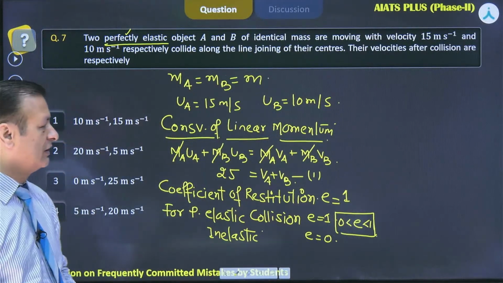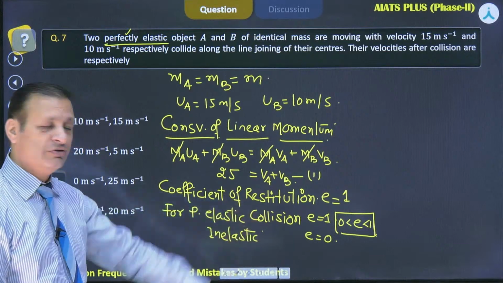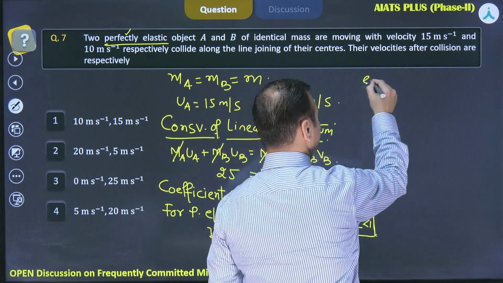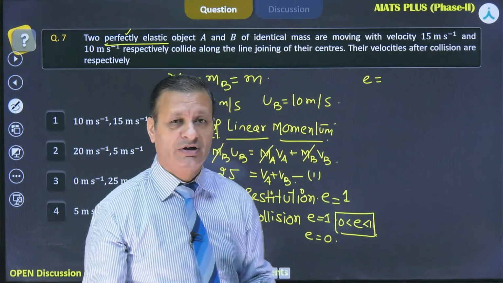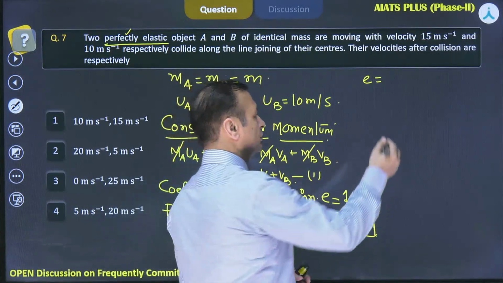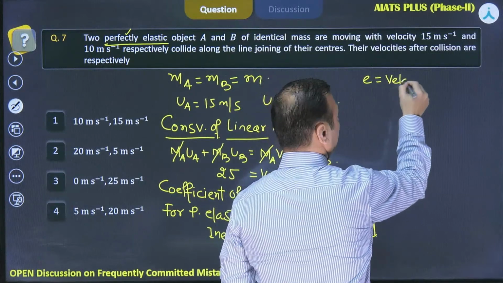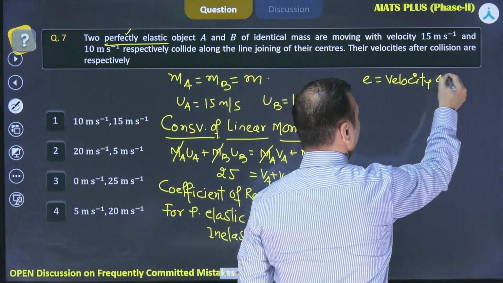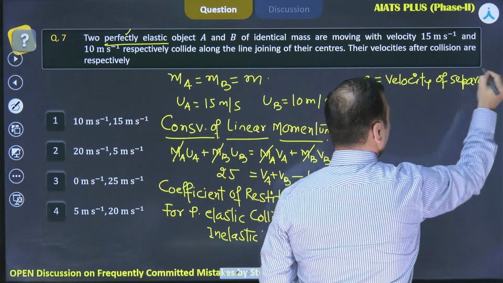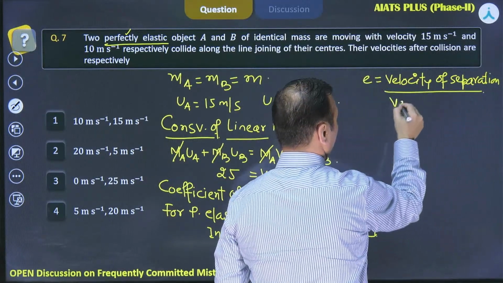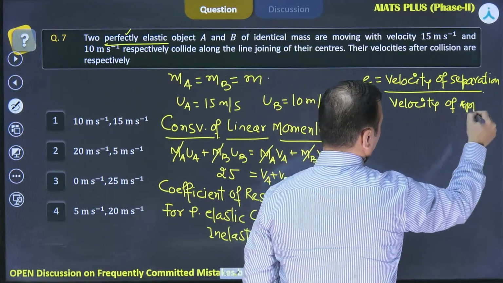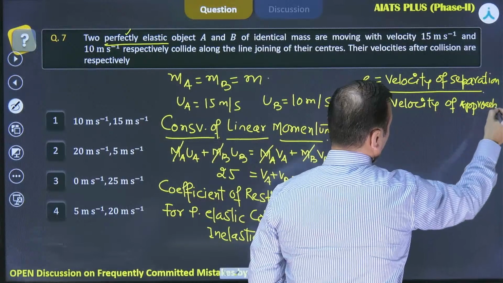So conservation of linear momentum, and now we have introduced the concept of restitution. Now the definition of coefficient of restitution says this is defined as a ratio, the ratio of velocity of separation to velocity of approach.